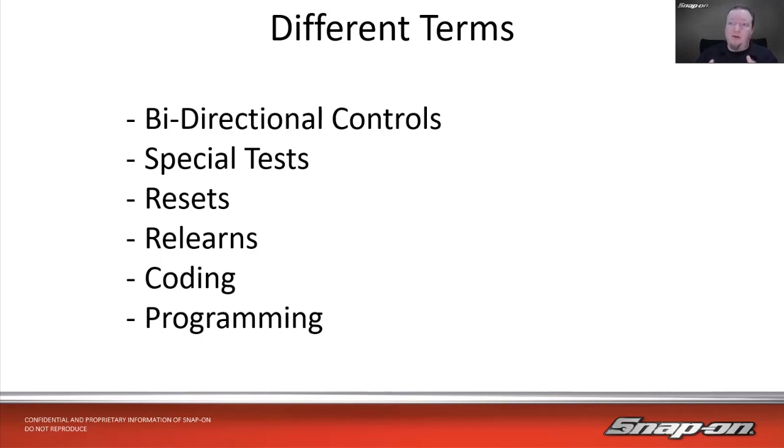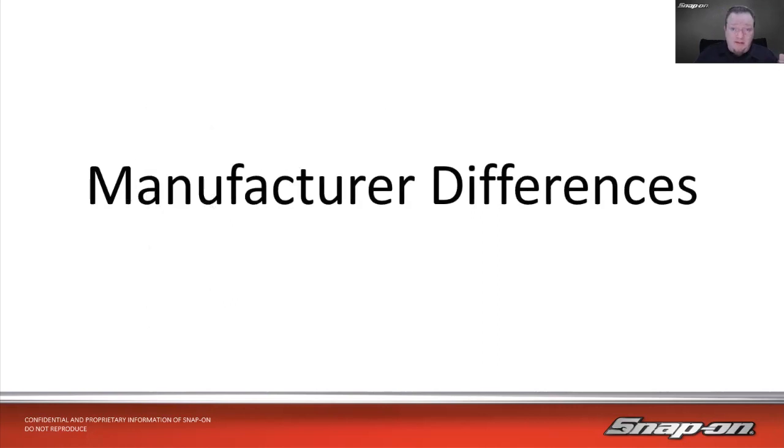But you may have heard them called bidirectional controls, special tests, resets, relearns, coding, even programming. When we get down through it, we're going to talk through all these different terms, and there are some differences between them. We also need to understand that manufacturer to manufacturer, there may be some differences as to what they call them and where they put them on the scan tool.